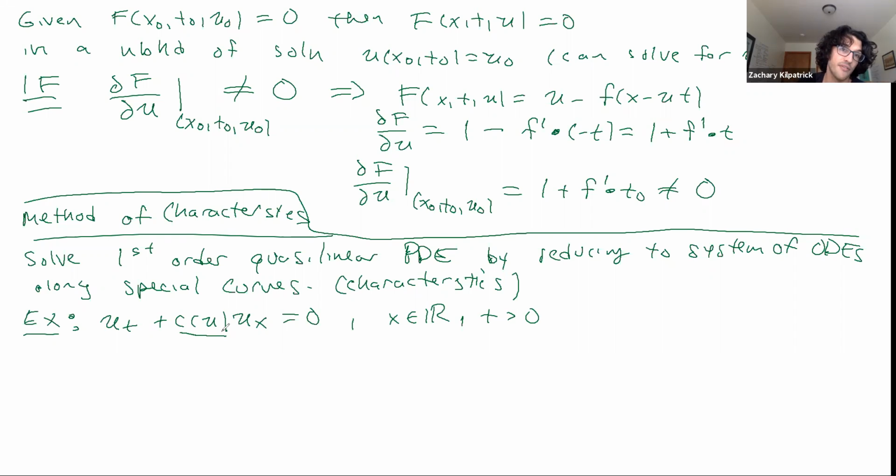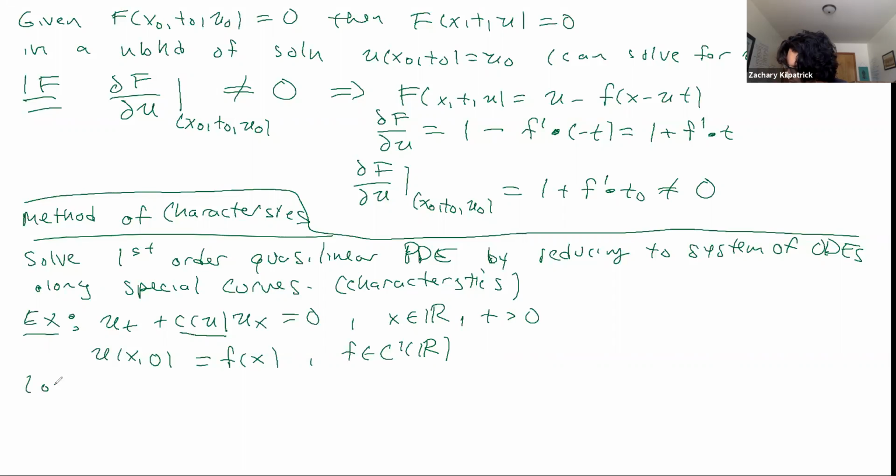It may be some function of u, like it is in Burgers' equation, okay? Still, we're going to have some arbitrary initial condition, okay, that well enough satisfies our needs for differentiability, okay?